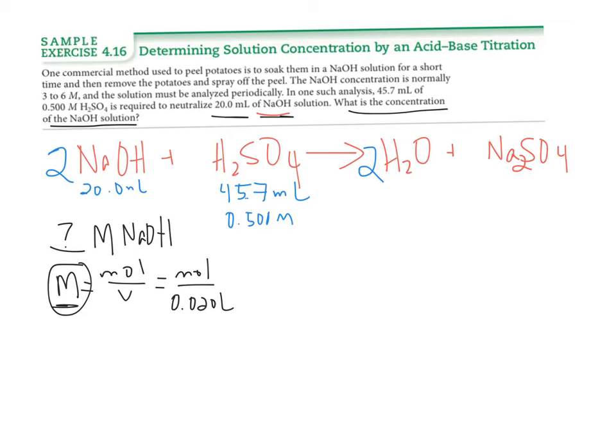So, let's switch to a different color. If I can find out how many moles of sulfuric acid I use in this titration, then I could find out how many moles of sodium hydroxide it reacted with, and that's what I need in order to find my molarity. So I'm going to try to find this.